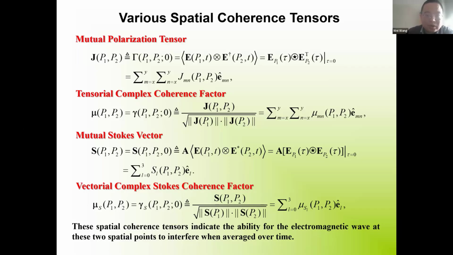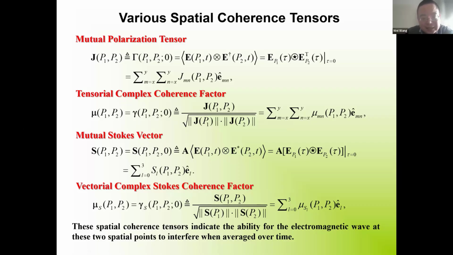Similarly, we also have the tensorial complex coherence factors in this way. Once again, here tau equals 0, and we arrive at the tensorial complex degree or complex coherence factors. And in terms of the generalized Stokes parameters, we also have the mutual Stokes vectors, which can be defined in this way.